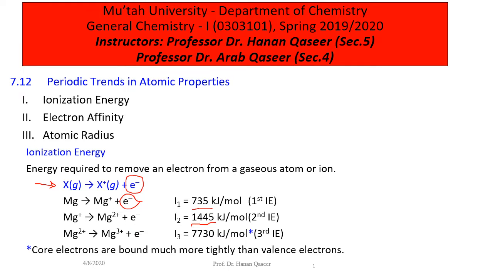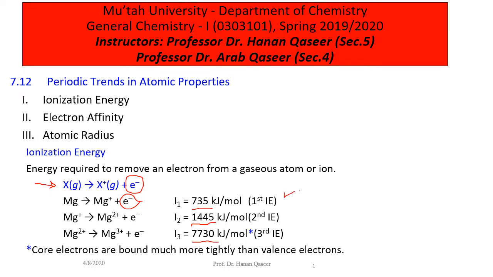And for the third ionization energy, we need about 7,700 kilojoule per mole to remove the third electron from the gaseous Mg2 plus.